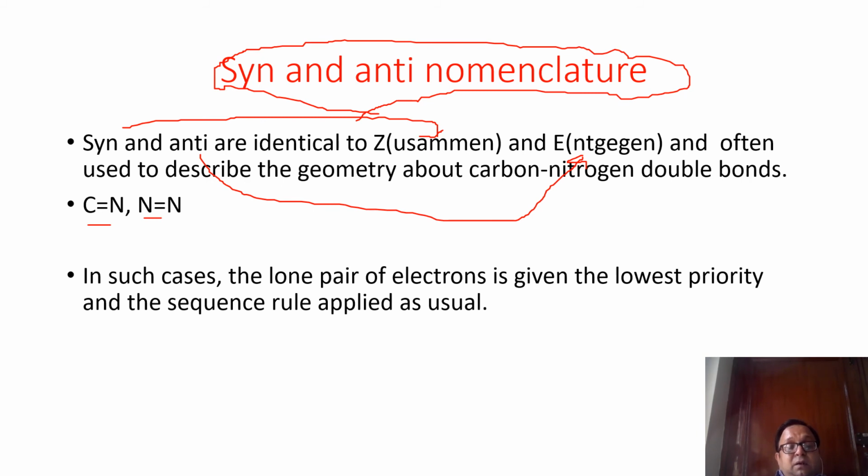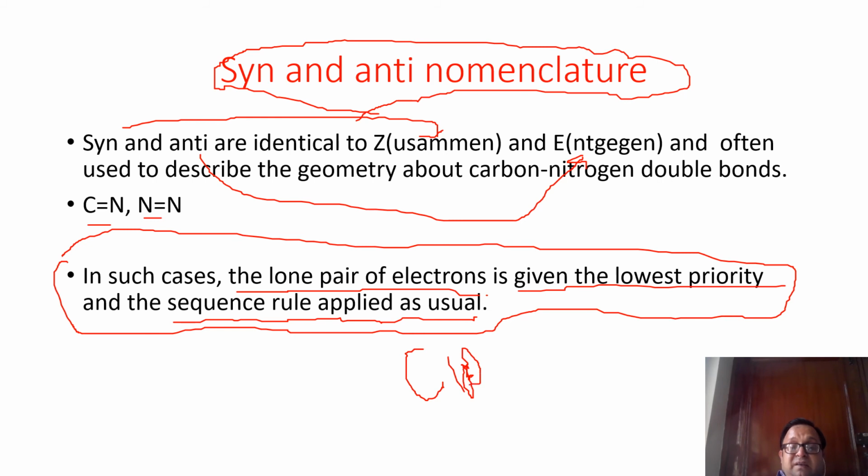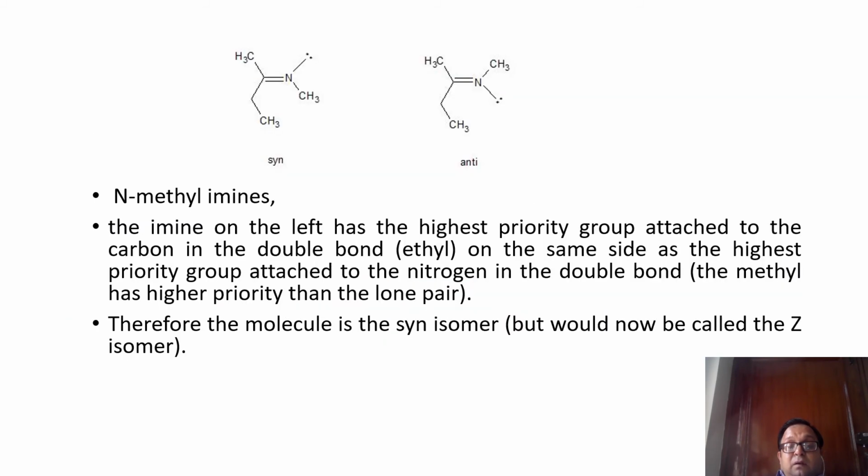There is one thumb rule. The lone pair of electrons is given the lowest priority, and the sequence rules are applied as usual, meaning we consider the CIP rules as such. This is about N-methyl amines.